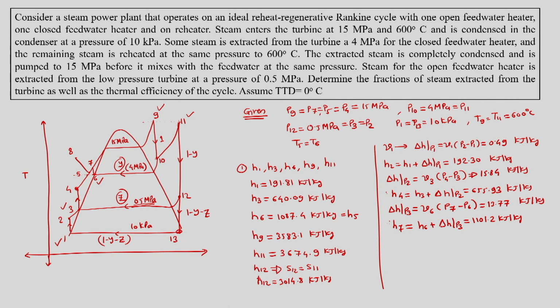Similarly, we would also note it for 13, where S13 is equal to S11 is equal to S12. We will go to 10 kilopascal pressure and see at what condition we have the same entropy. From that we can get H13, and H13 will be 2335.7 kilojoule per kg.